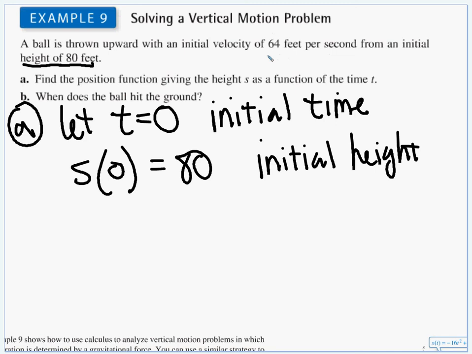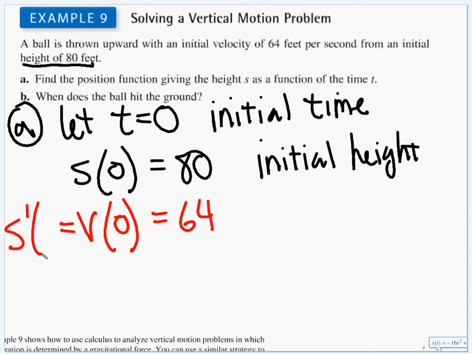We have initial velocity is 64. So now remember when we were doing this before, velocity at time 0 is going to equal 64. That's our initial velocity. And remember that velocity was the first derivative of position. So S prime is equal to V. V of 0 is equal to 64.